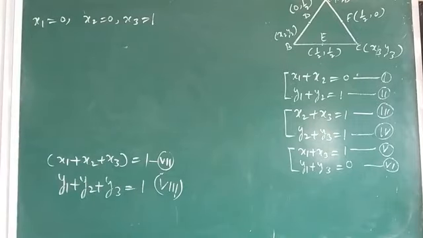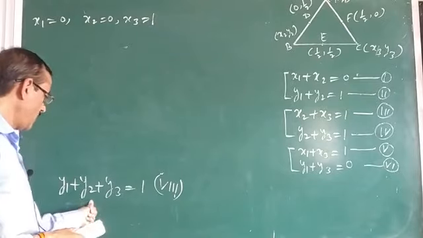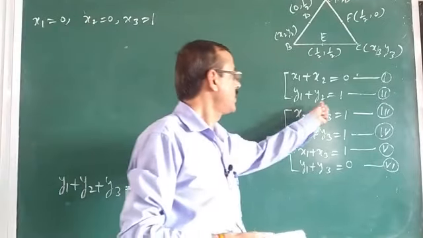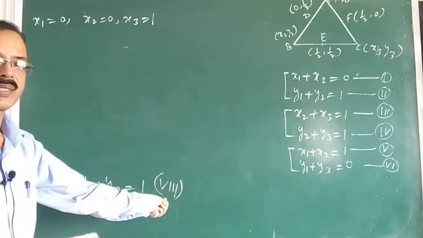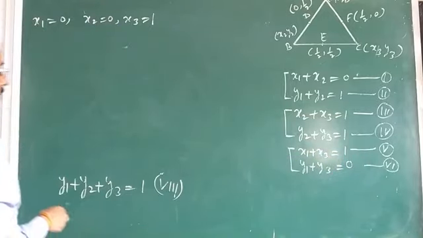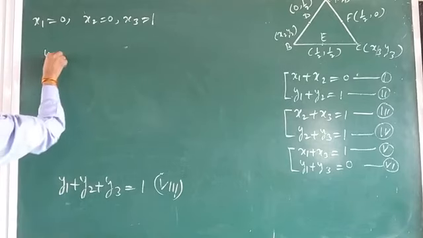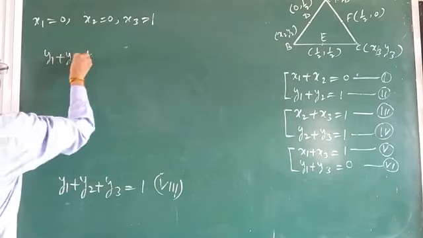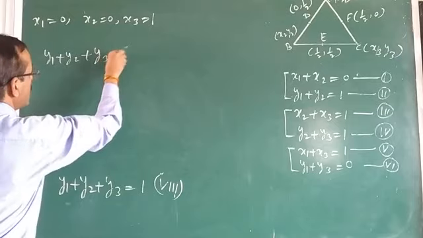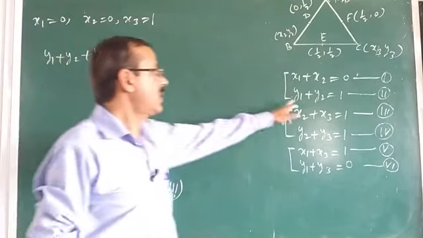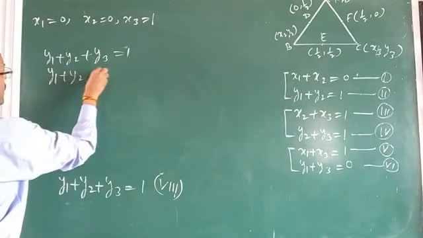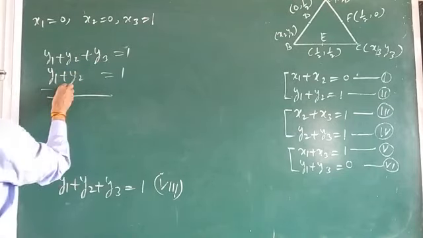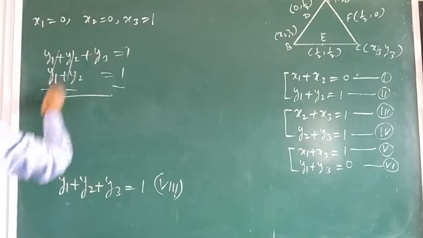Now for y, remove this: y1, y2, y3. y1 plus y2 is equal to 1, so subtract the second from the 8th. If you subtract y1 plus y2 plus y3 is equal to 1 and the second, y1 plus y2 is equal to 1, minus minus cancel.